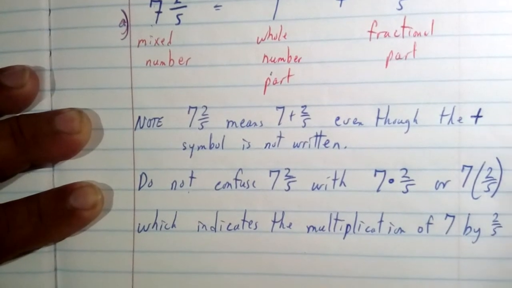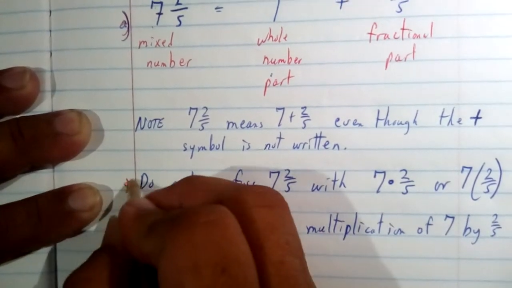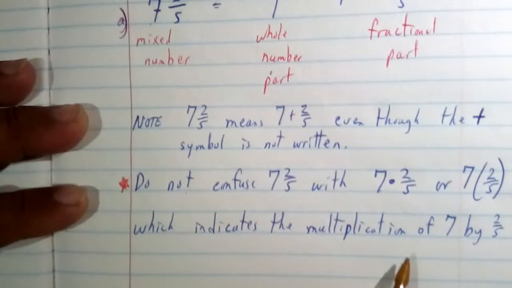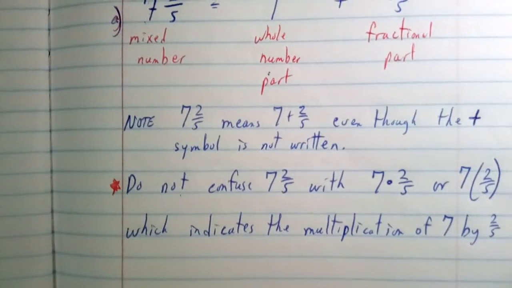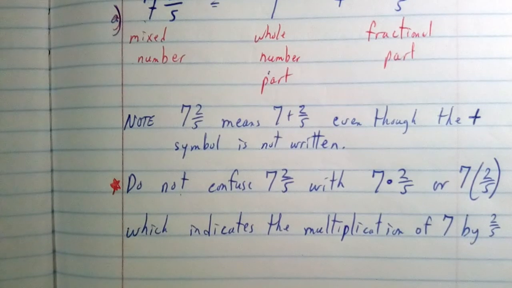Major things. So take note of this piece here, okay? Very, very important. Do not confuse them. All right, so let's go with a few examples, and then we will be working with some other stuff.